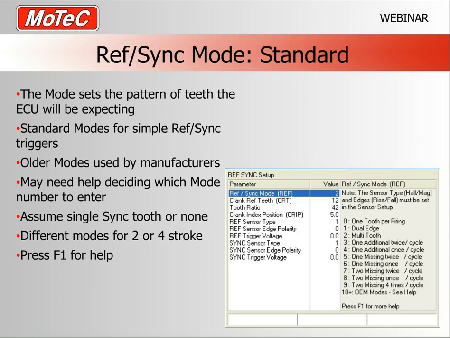You'll see the one, say number 5 there is one missing twice per cycle, and then number 6 is one missing once per cycle. Now that could be the difference between a 2-stroke or a 4-stroke. So you sort of have to understand how many times are we going to see this missing tooth in one cycle of the engine. So is the engine a 4-stroke or 720 degree cycle, or a 2-stroke, a 360 degree cycle?